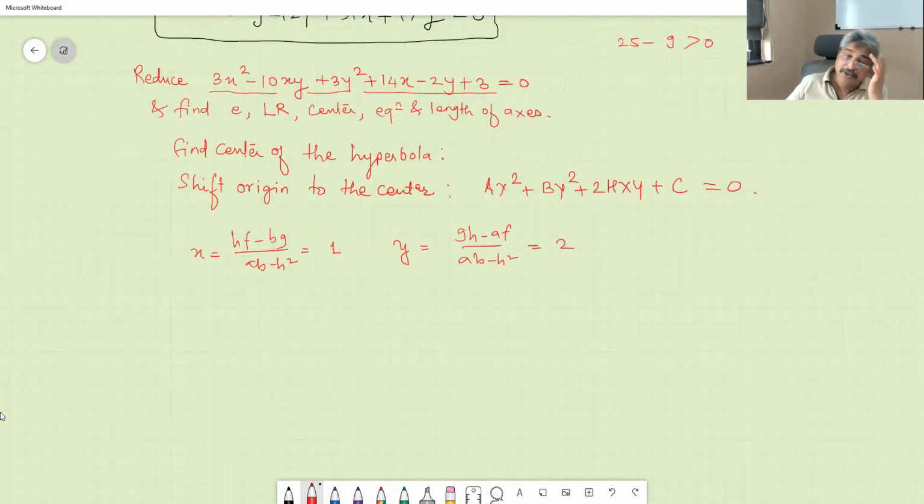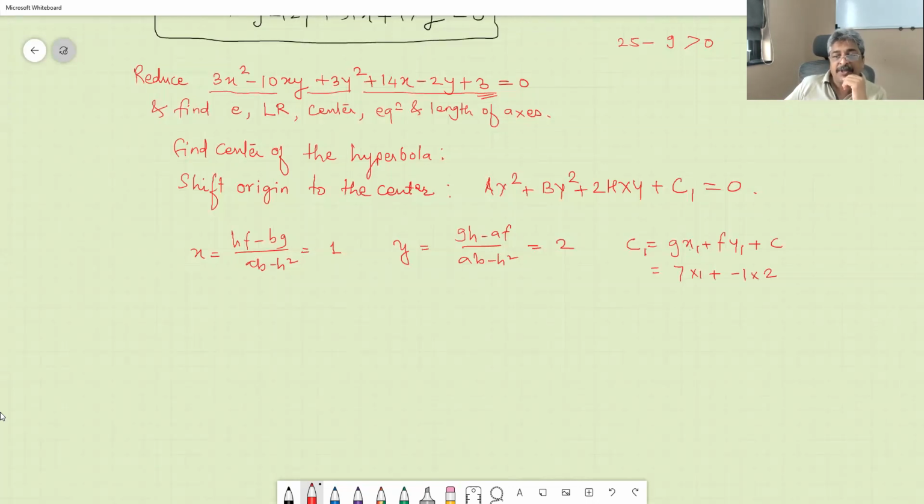If you want to remember, the constant term that you have is going to be gx1 plus fy1 plus the original c. Now maybe you can call this c1. So what is g over here? 7, x1 is 1, f is minus 1, y1 is 2.